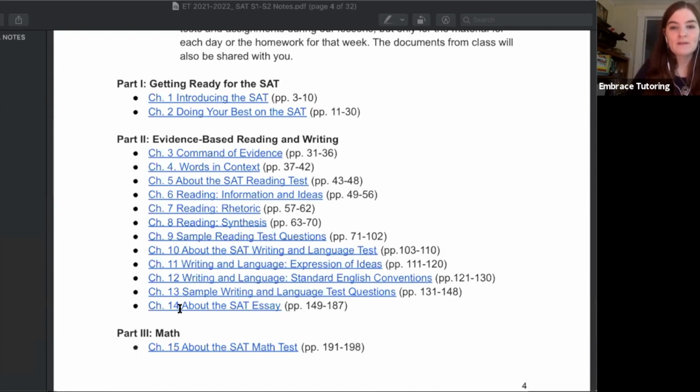So purpose as well, dealing with the goal in writing, specifically the goal of the author. You always want to think about a text in terms of the author, the reader or the intended audience, and the purpose of writing. So what form is this? What genre of writing are we dealing with?